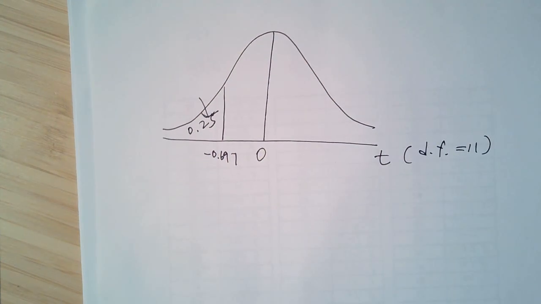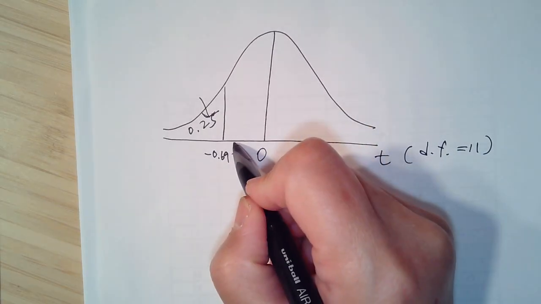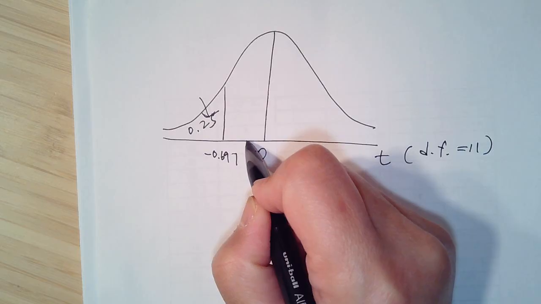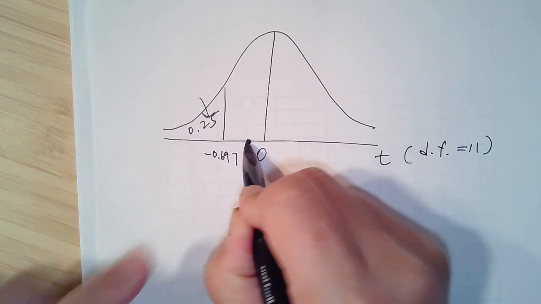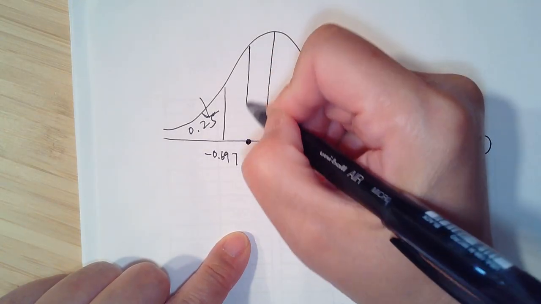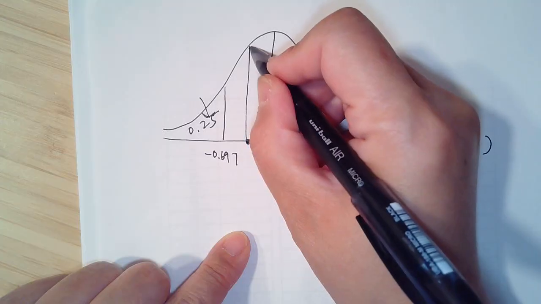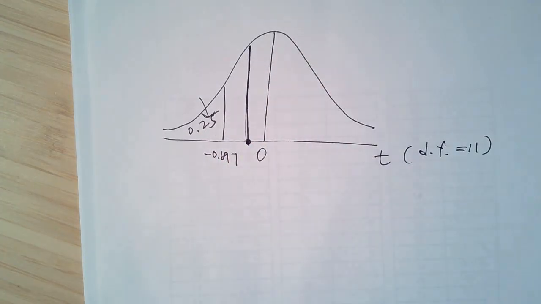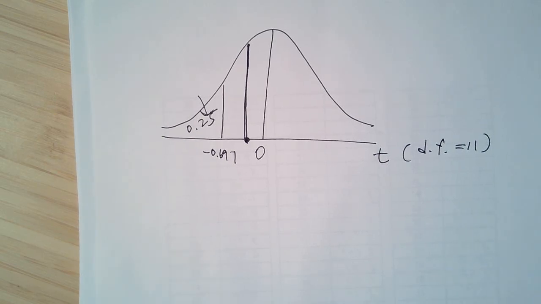All right, so my test statistic is negative 0.29 here, which means my p-value, starting from here to the left, is even greater than 0.25. I don't know exactly how much it is, but it's definitely a greater p-value. So I fail to reject H0.